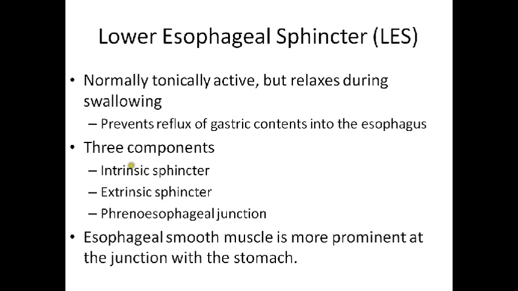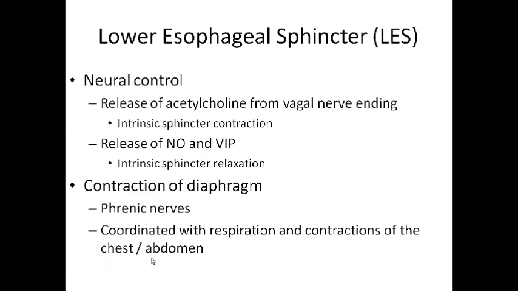The esophageal smooth muscle is more prominent at the junction, as we said in the previous slide, closer to the stomach and in the lower 2/3 of the esophagus. Regarding neurocontrol, if you have a patient with an imbalance in acetylcholine, there may be trouble with contracting.